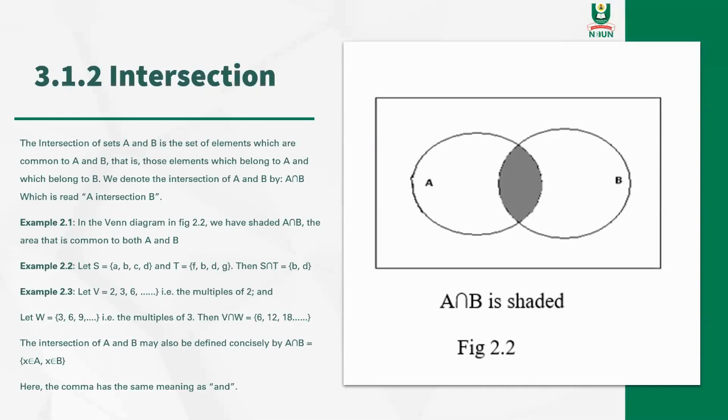Before 24, can anyone go before 24? No. After 24, 30. 30 can go. Why? 2 can divide 30. 3 can also divide 30.